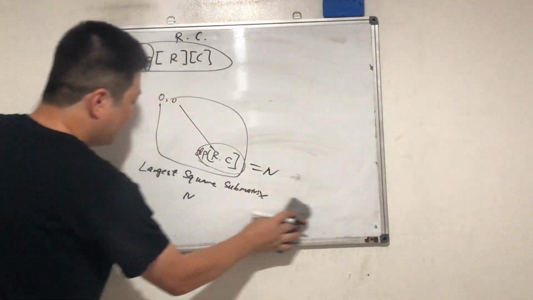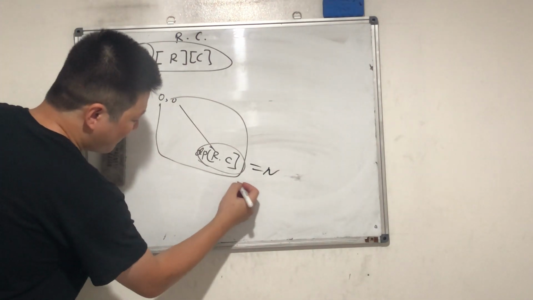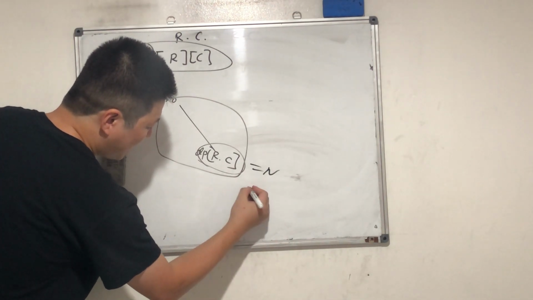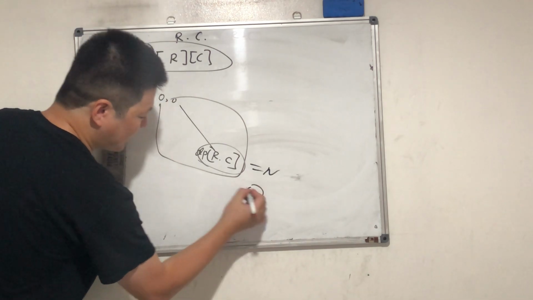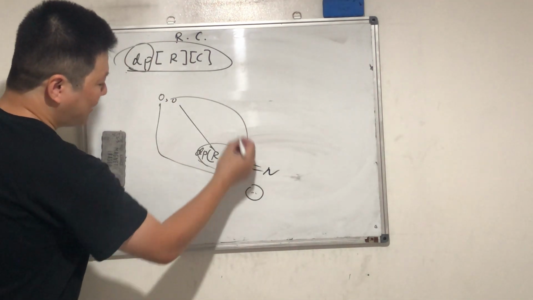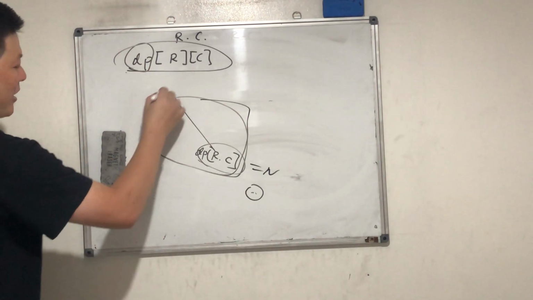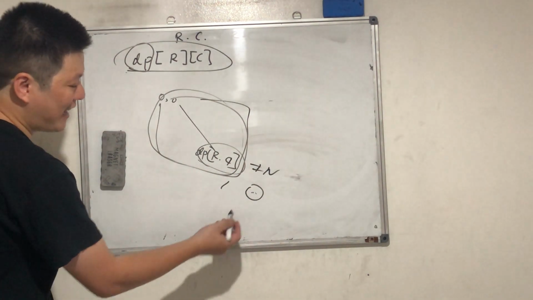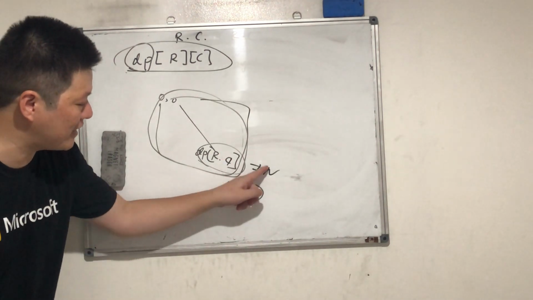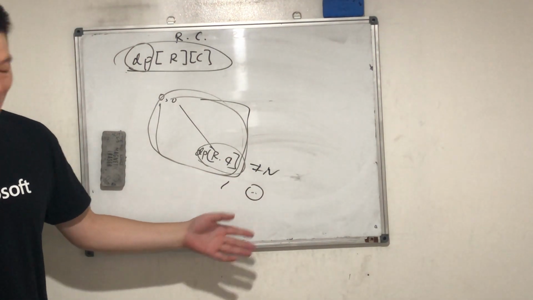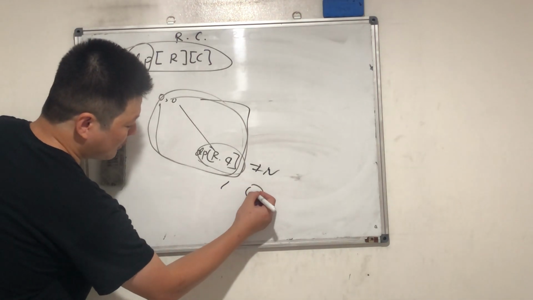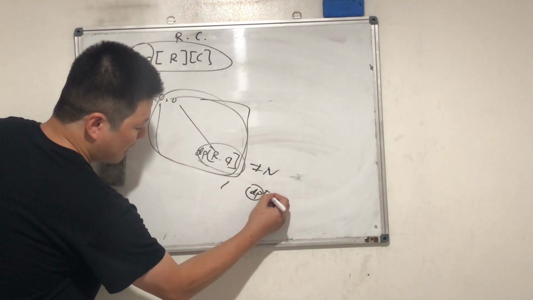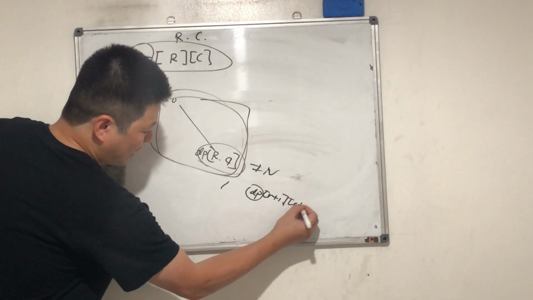So now look, if I'm here, I want to process this point. So I already know the largest square here, right? And if this is 1, this is 1, this is 1, this is 1, then the answer would be the minimum of these 3 points plus 1, right? So look, I want to update this DP[R+1][C+1], right?